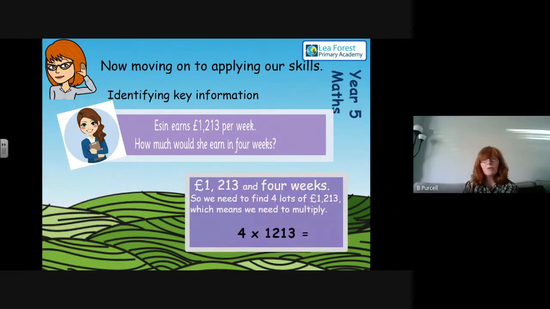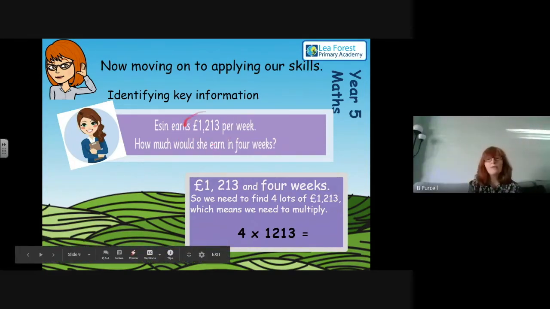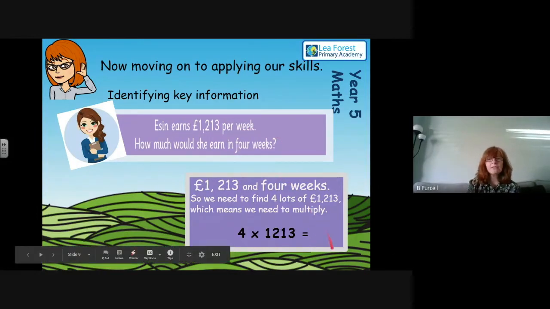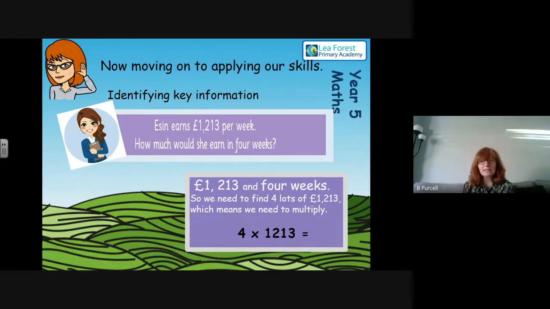So the important information in this question is that Aishin earns £1,213, and we want to know how much she would earn in 4 weeks. So that means we need to find 4 lots of 1,213.